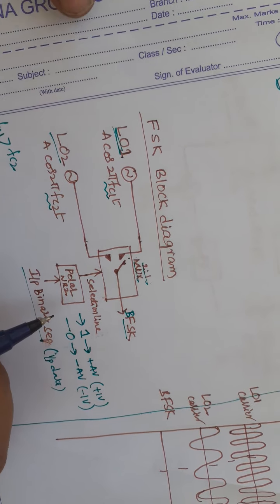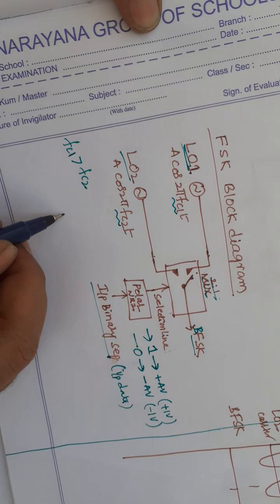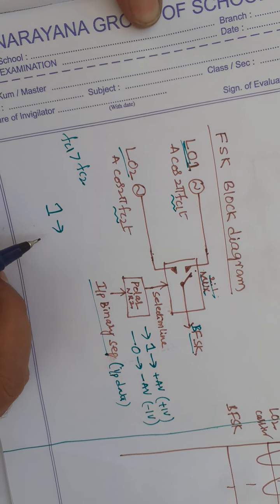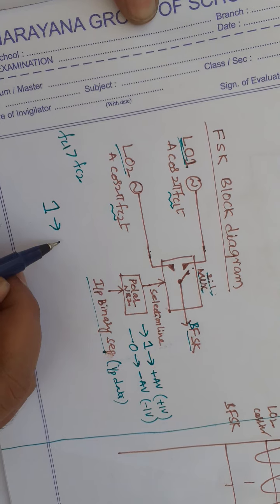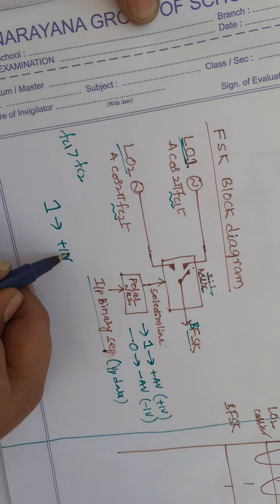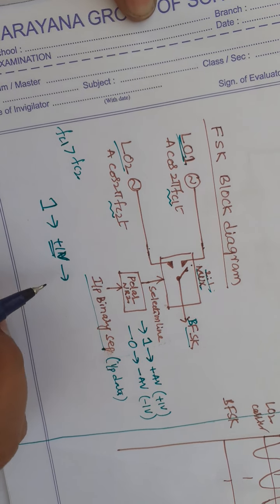Now, see here, when symbol 1 is the input binary data, it is given to polar NRZ, so it produces plus 1 volt. This plus 1 volt is given to the mux.